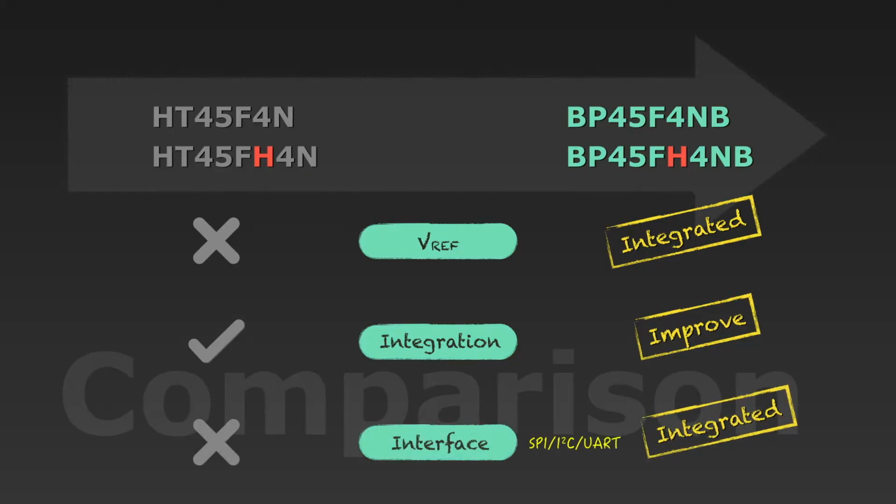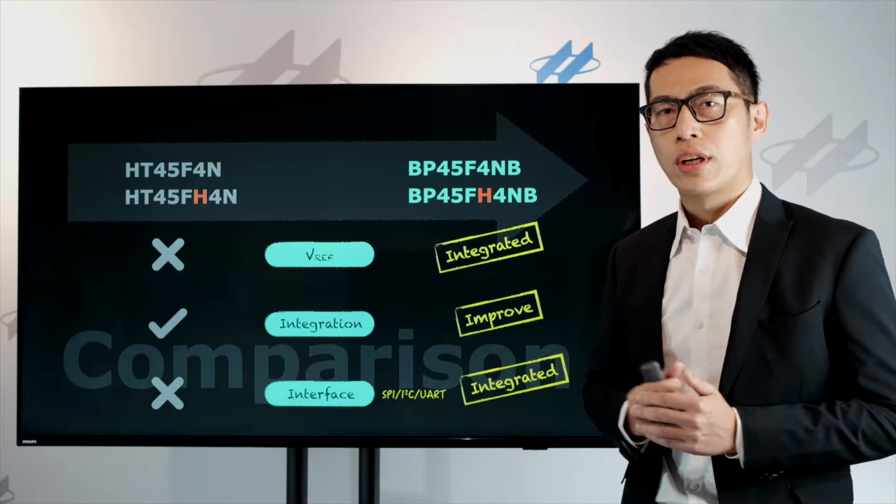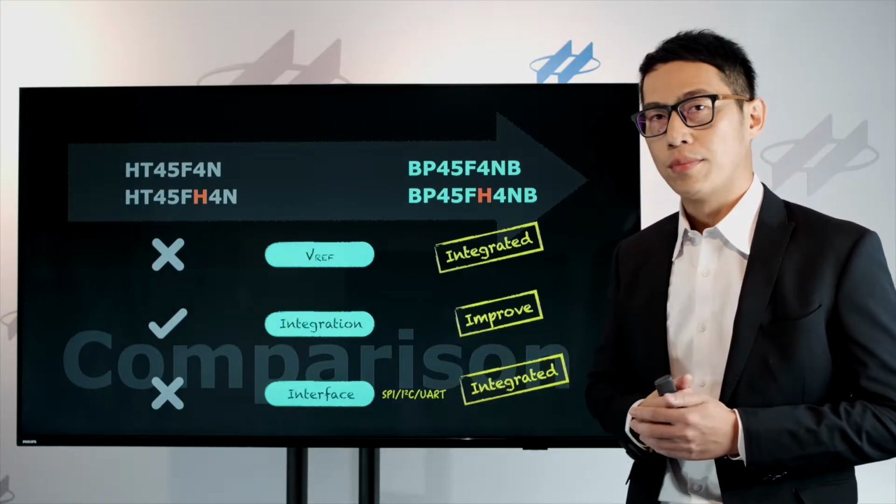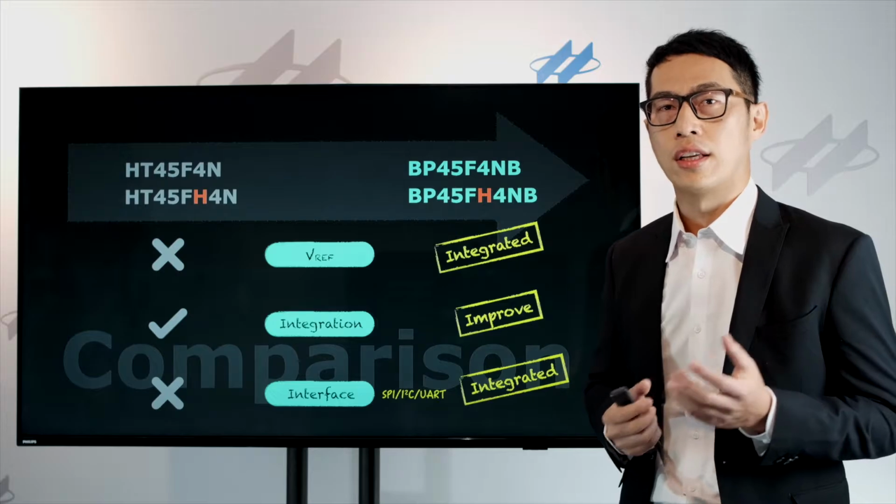Finally is the interface. We have SPI, I2C, and UART. Maybe you will be curious why we must use an interface because the power bank is single. The answer will be in the next few pages. Let's see later.